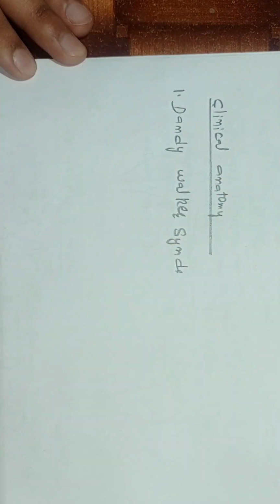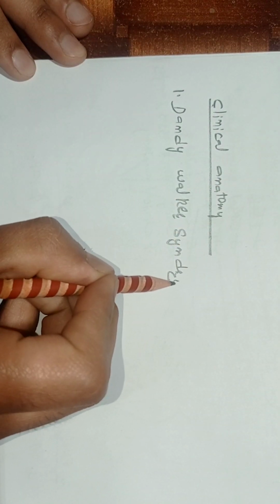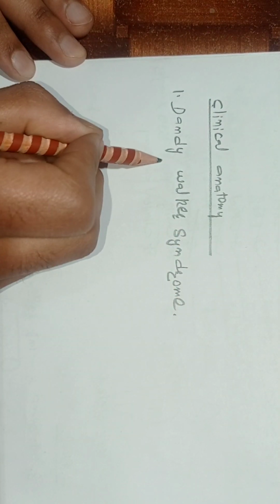Every book gives clinical anatomy points, so you can refer to different books for different clinical anatomy points. My favorite first clinical anatomy point of the fourth ventricle is Dandy-Walker syndrome. What is Dandy-Walker syndrome?